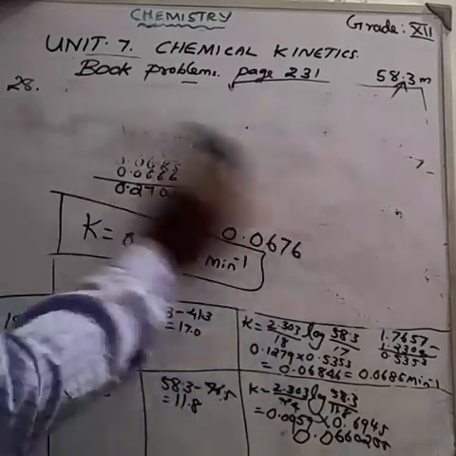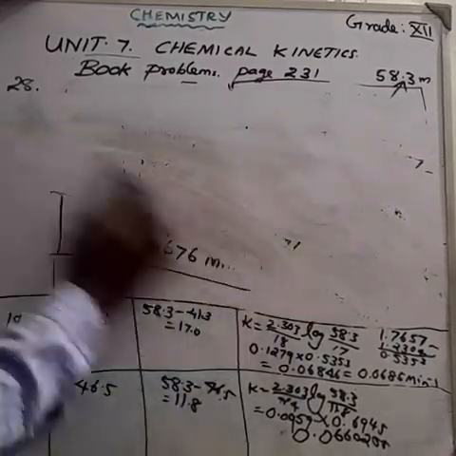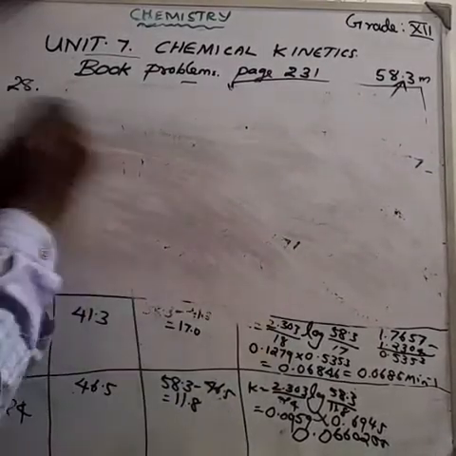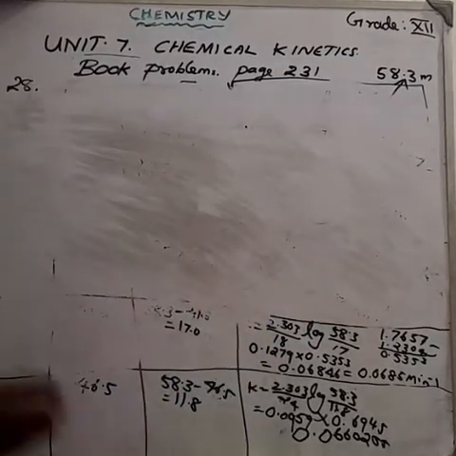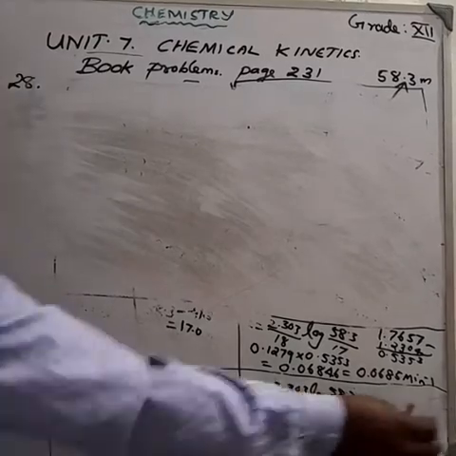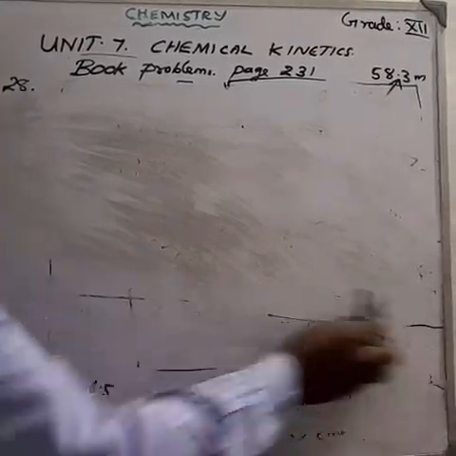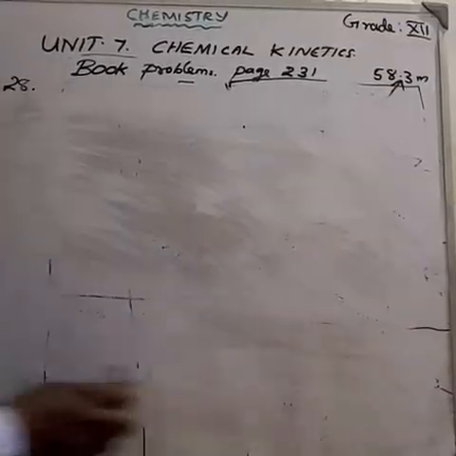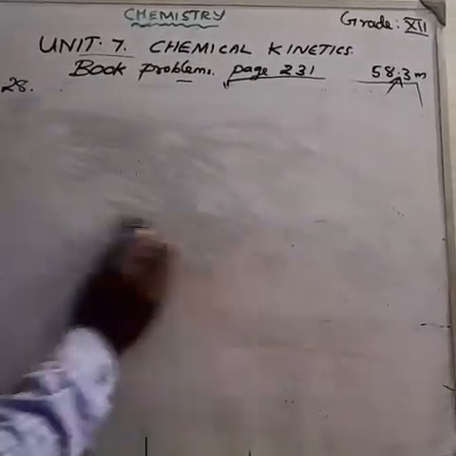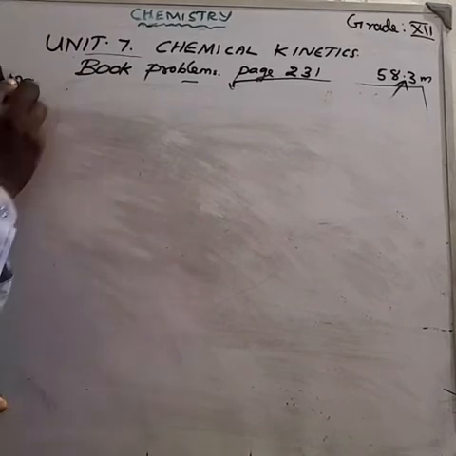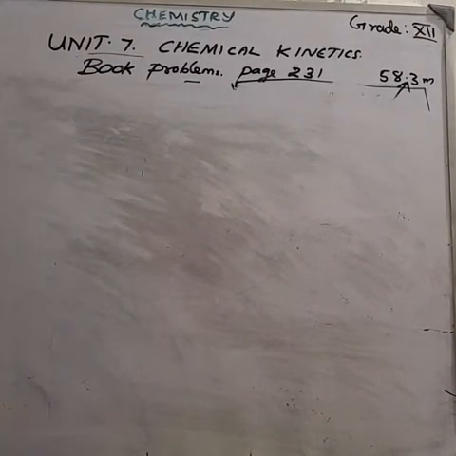The next question. Question number 29. From the following data, show the decomposition of hydrogen peroxide is a reaction of the first order. First you make the tabular column: T in minutes, 0, 10 minutes, 20 minutes.